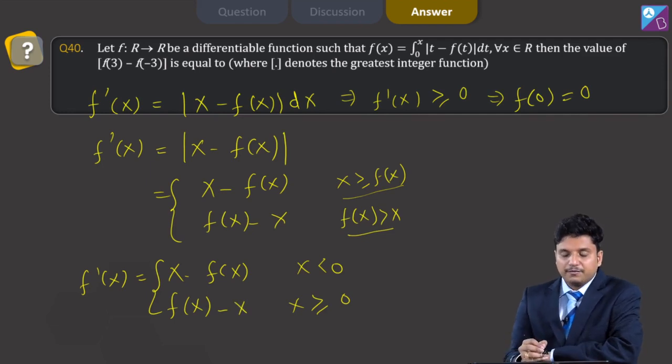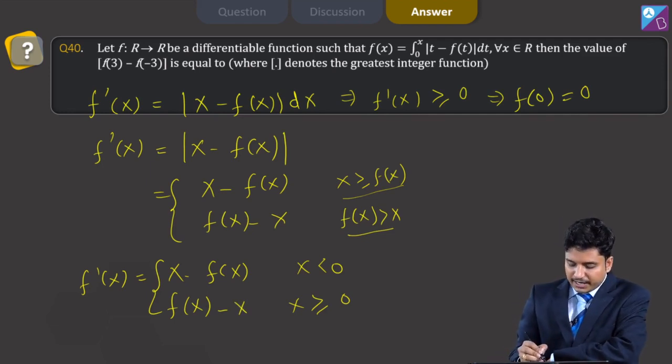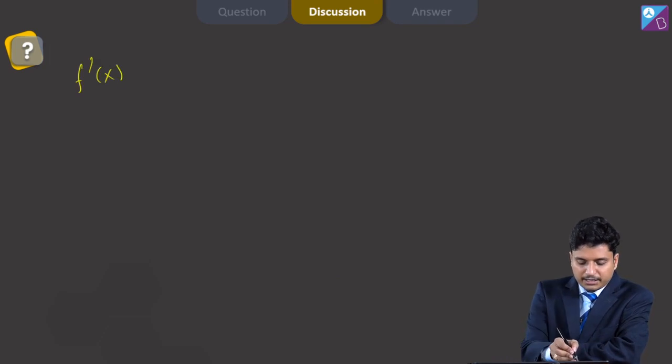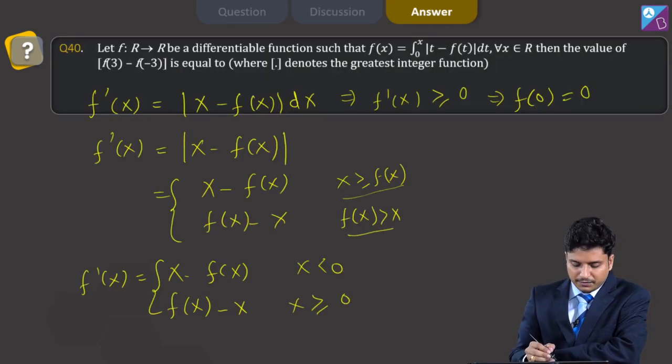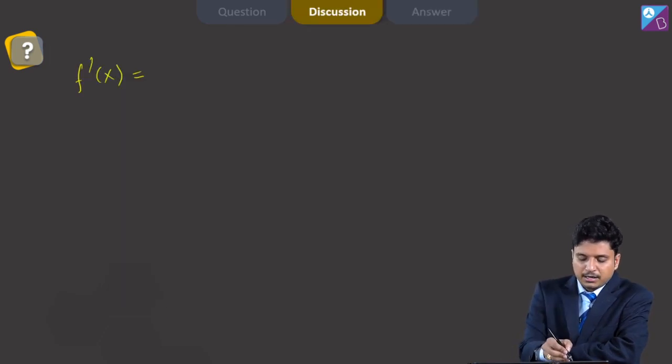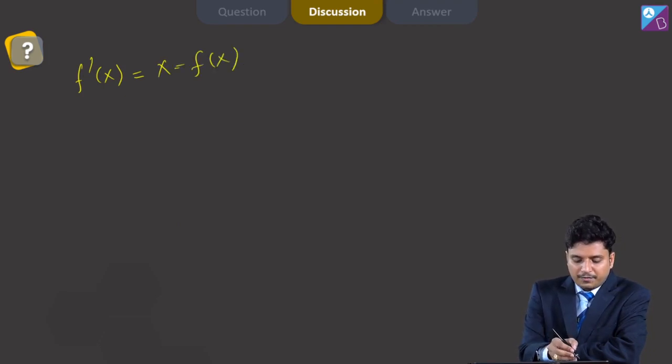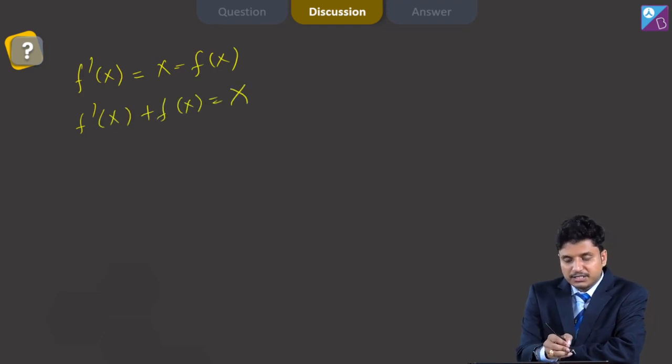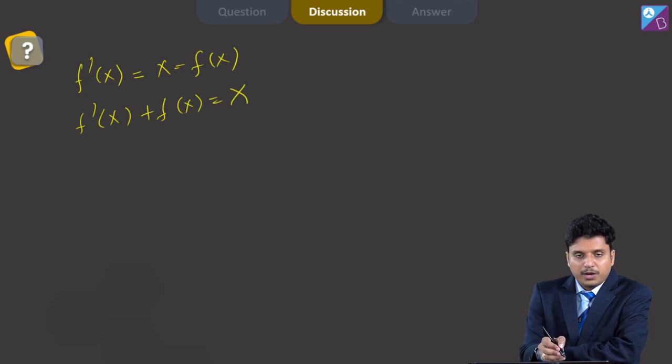First of all we have to find out the exact function. So f dash x is equal to x minus fx, so f dash x plus fx is equal to x, and now it is a simple differential equation, dy by dx plus y is equal to x.